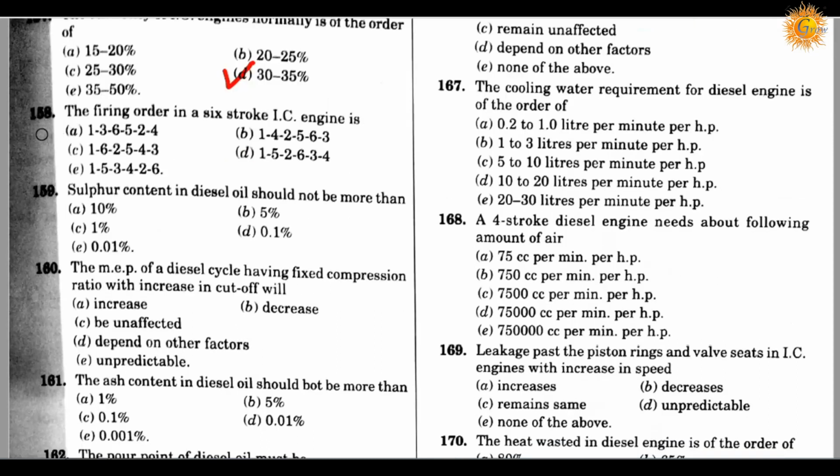Question number 158. The firing order in a 6-cylinder IC engine is option A 136524, option B 142563, option C 162543, option D 152634 and option E 153426.